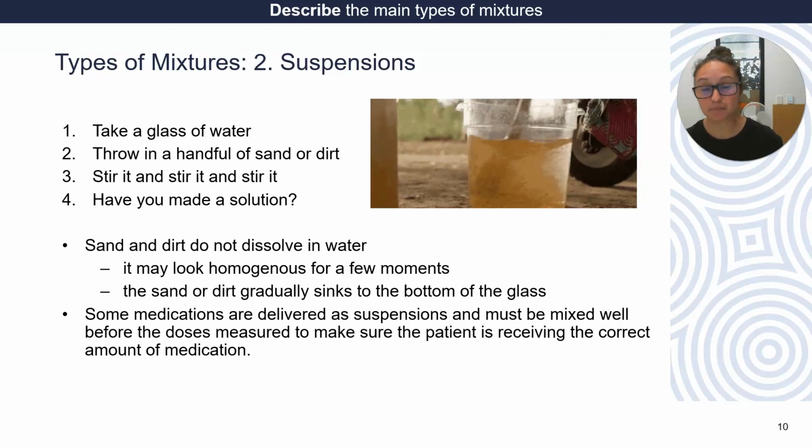So that is a suspension. Suspension means you've got big solutes, big molecules into a solution. And you can mix it in, it'll stay mixed up for a while, but then if you leave it there, it will all settle down the bottom. Some medicines are suspensions.